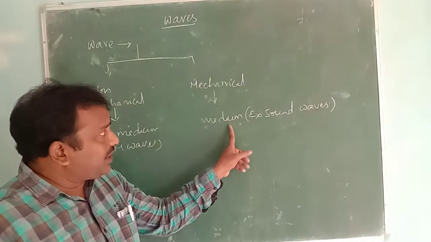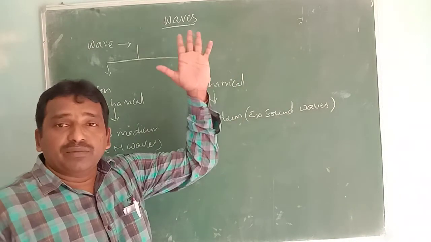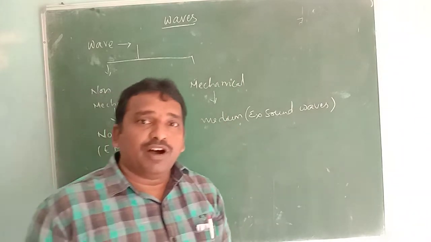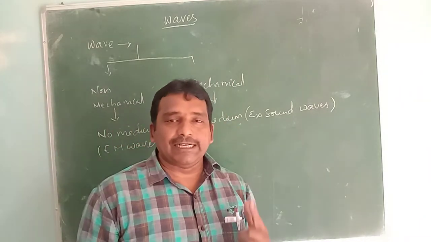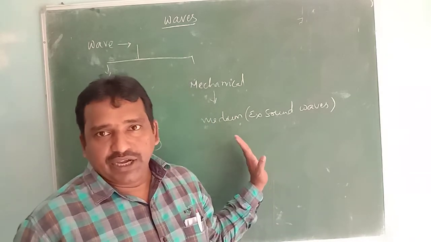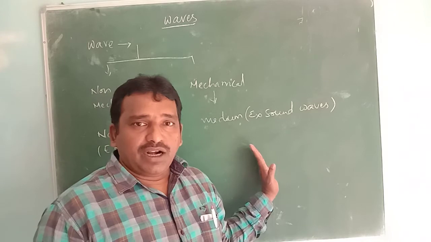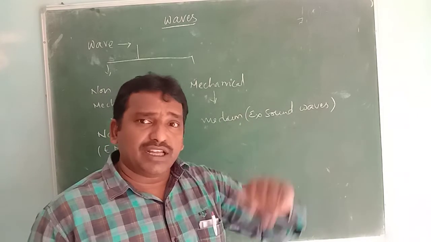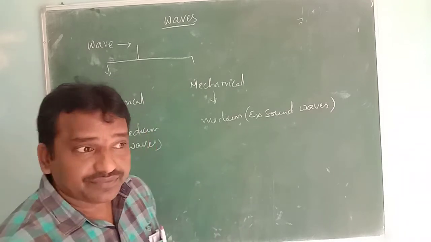If waves are formed on the surface of the water, those are called transverse waves. Once, this question was asked in the NEET exam also. Transverse waves, for example, are those on the surface of water.